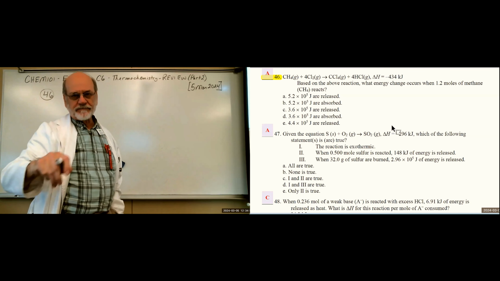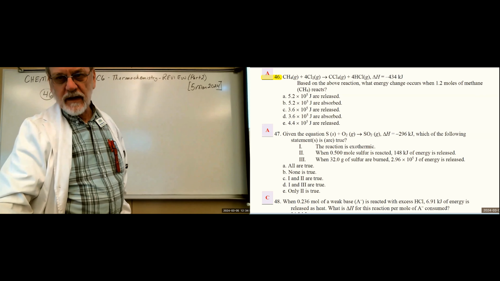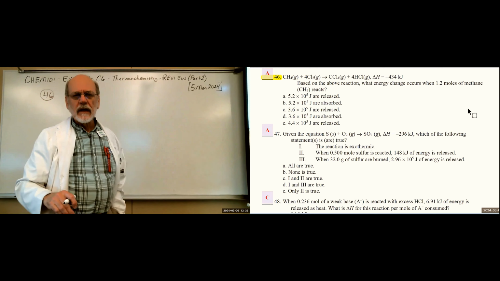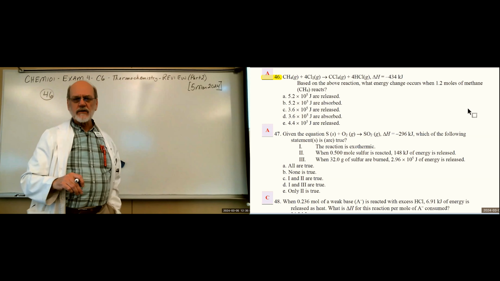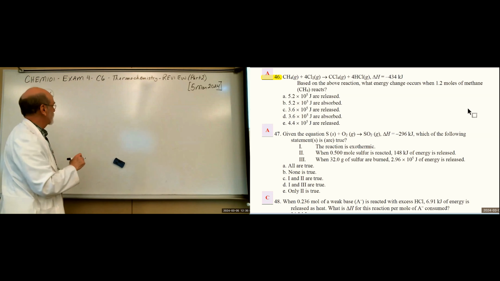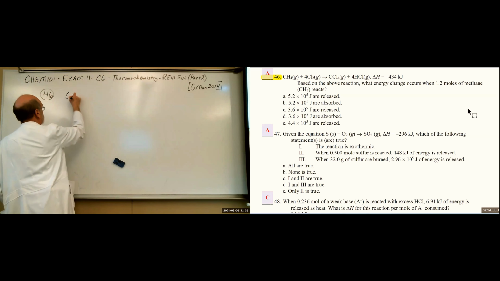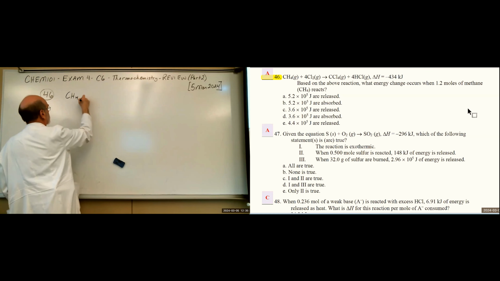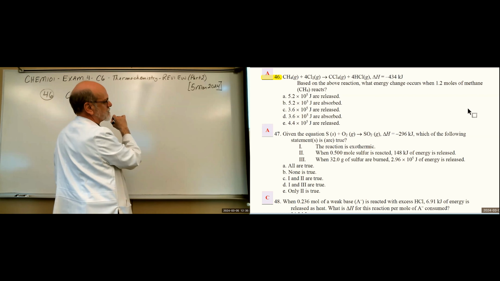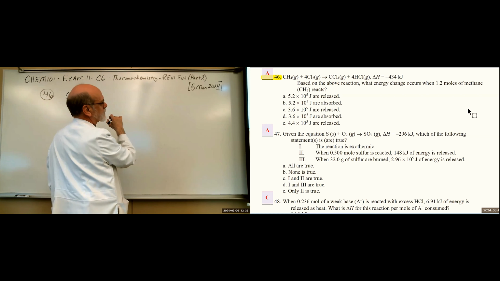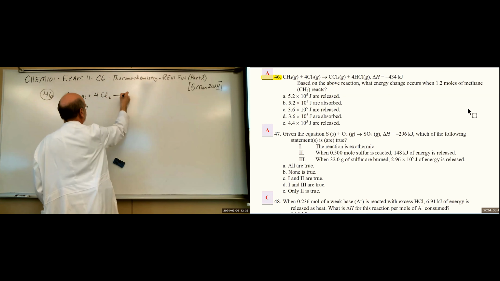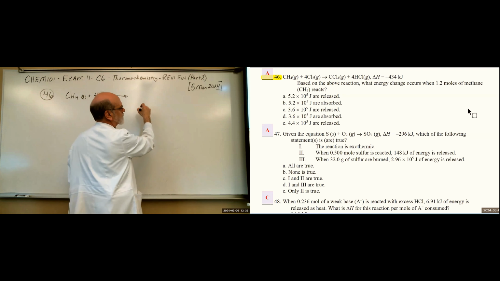All right, get that out of the way so I can see what I'm doing. Based on the above reaction, what energy change occurs with 1.2 moles of methane? All right, so we've got this. Methane is reacting with chlorine, and producing carbon tetrachloride.